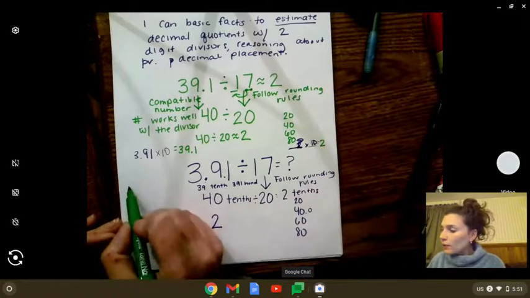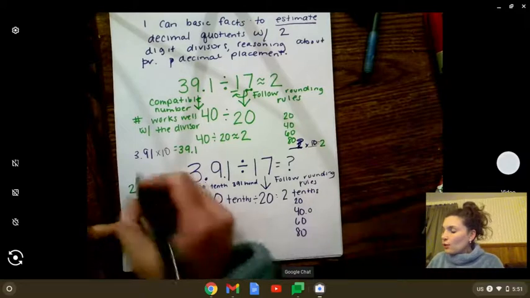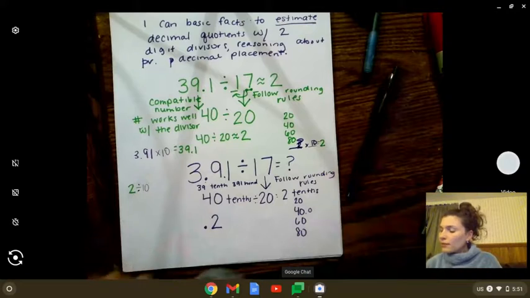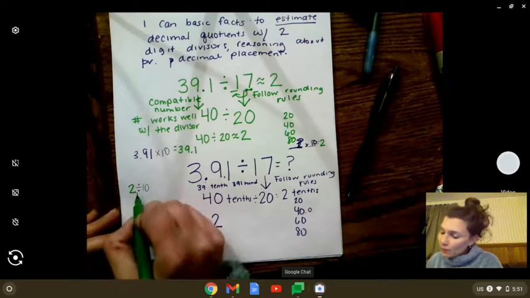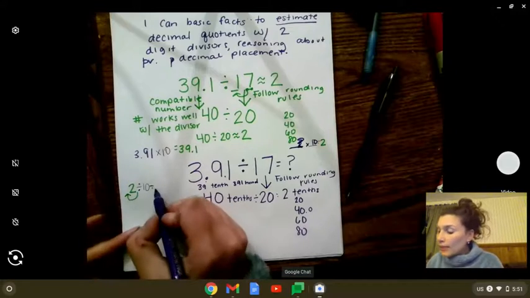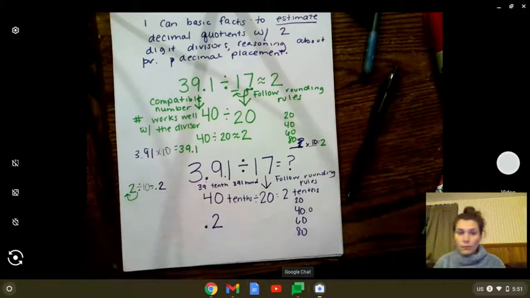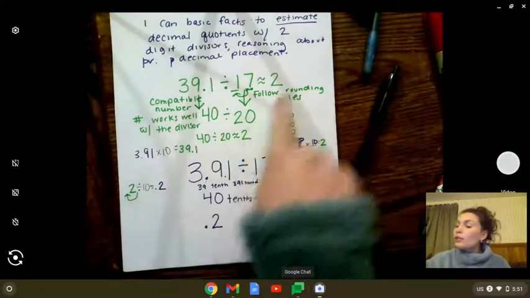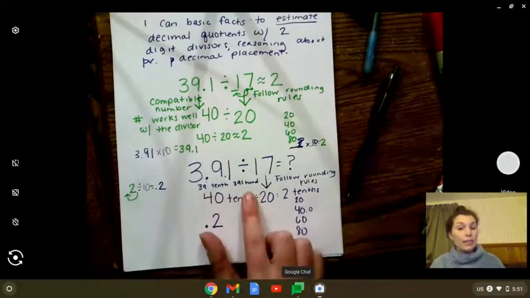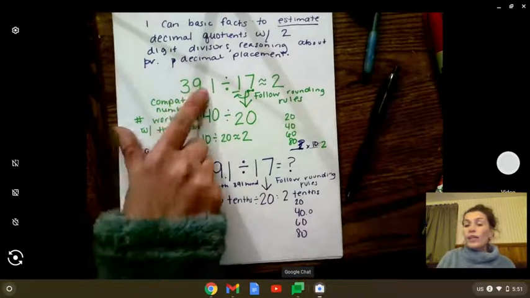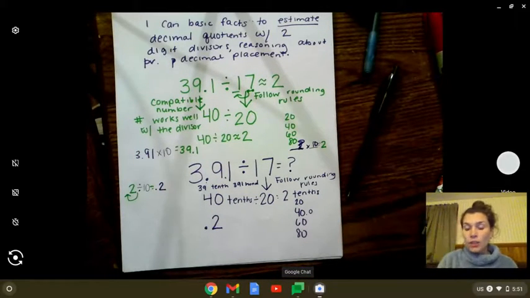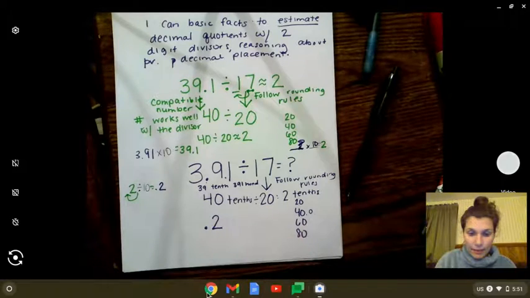And if I were to divide 2 divided by 10, that means I would move my decimal point 1 over and I would get decimal point 2. So we can use our knowledge of how we can rename numbers or rename decimals and moving the decimal point, but just to help us think, not to change the number, to estimate.